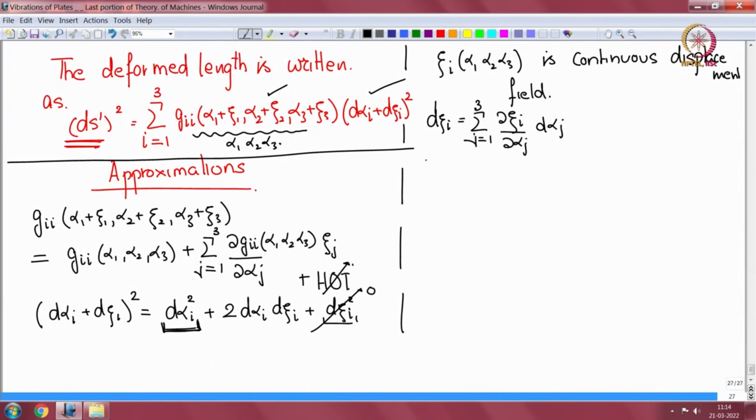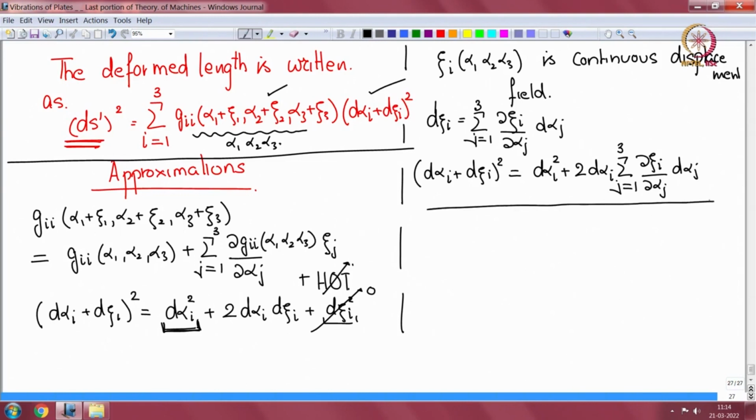And therefore d alpha i plus d xi i whole squared is written as d alpha i squared plus twice d alpha i summation over j of del xi i by del alpha j d alpha j. J's and I's can get confusing, so I will be careful. Okay. So that's another stage.